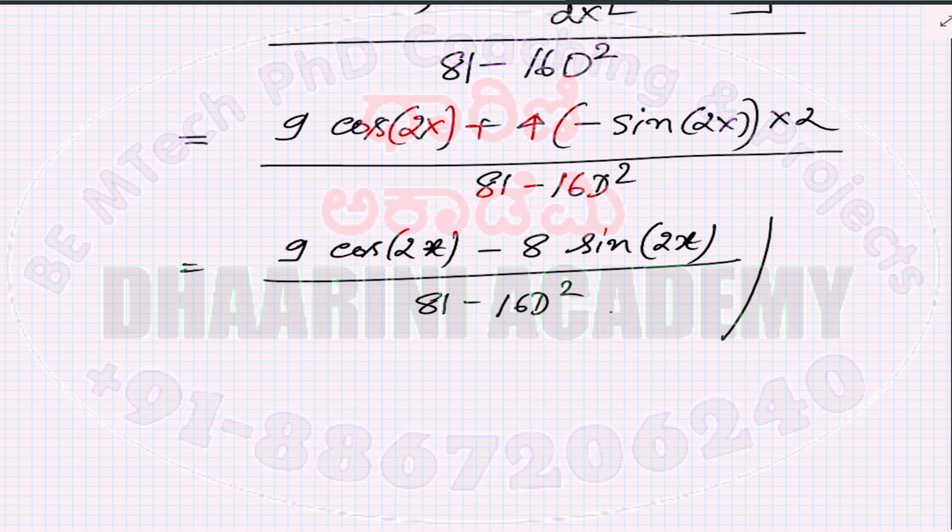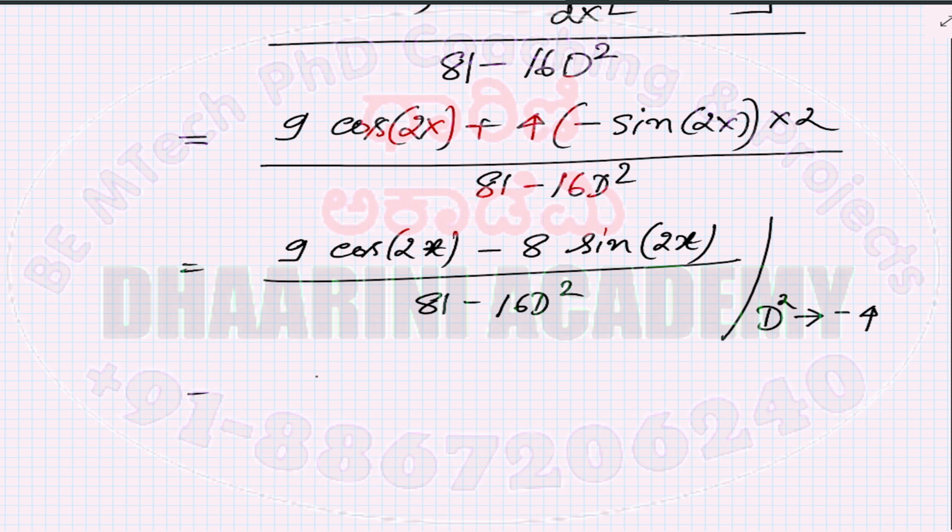Now I'll simplify the denominator by replacing D square by minus a square. So this will not change: once you start with the minus 2, a as 2, we have already substituted D square as minus 4. You keep repeating the same thing always.